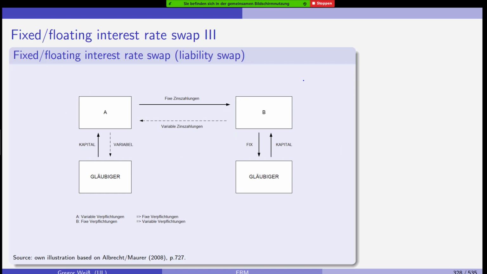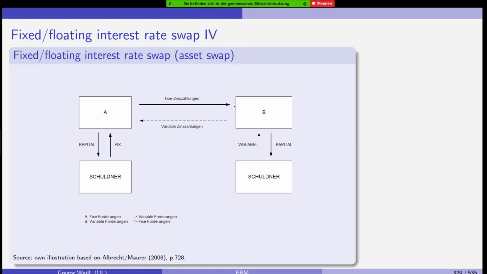Now in a liability swap, actually both A and B have a liability against the Gläubiger here, the creditor, and A and B have received capital. They have to pay a variable or a fixed interest, and they now exchange their obligations. So that's a liability swap.